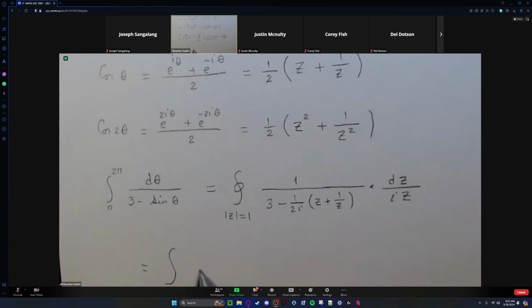So 3iz minus, this i and this i cancel, minus 1/2. Multiplying by z, you get z squared plus 1.